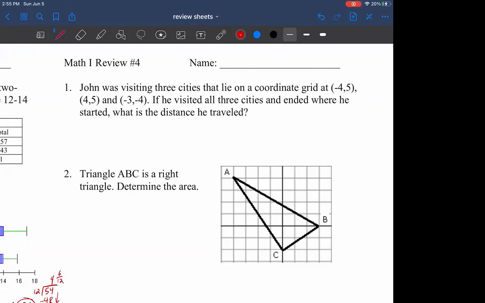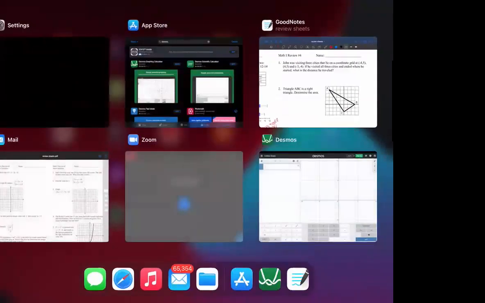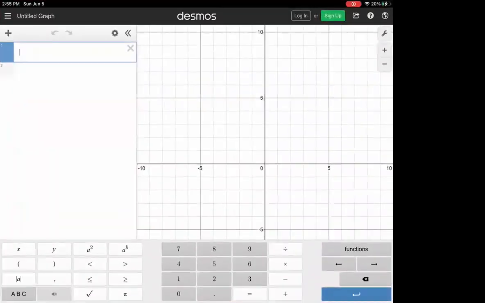So if we look at these 3 points, I'm going to put these on Desmos to get a quick picture of the graph. I'm going to add them as separate points.